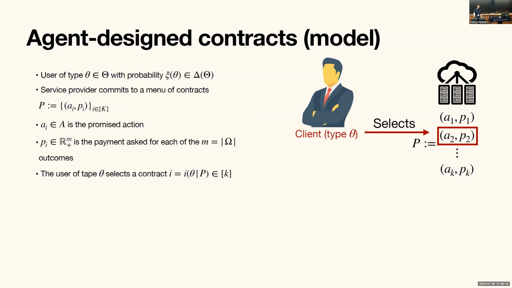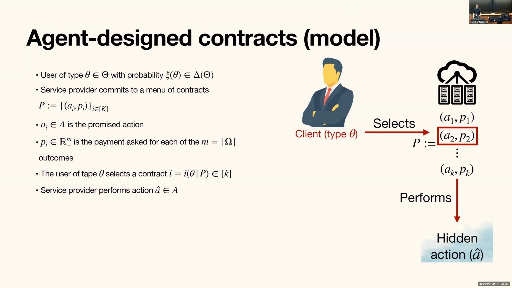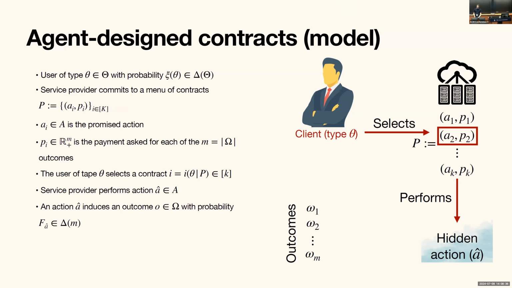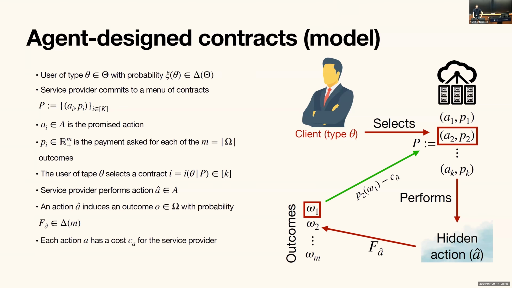The client then selects his favorite contract, and the service provider now performs an action, which is hidden, so it can be different from the one promised. This leads to an outcome through a distribution function f, and each outcome, jointly with the selected contract, maps to a payment to the platform, from which we have to take out the cost of performing that action, and a reward for the client, which depends on the type. So this is the model of agent design contracts.